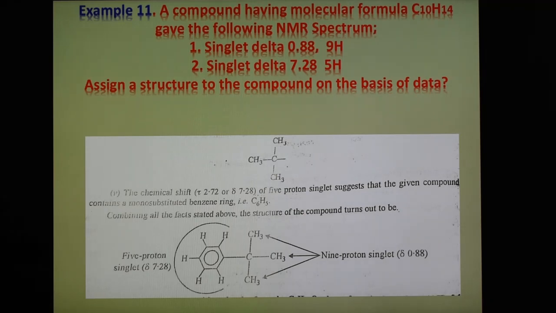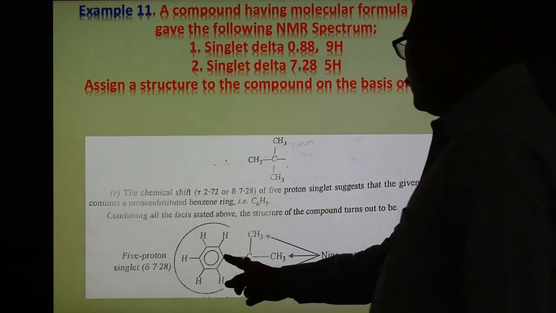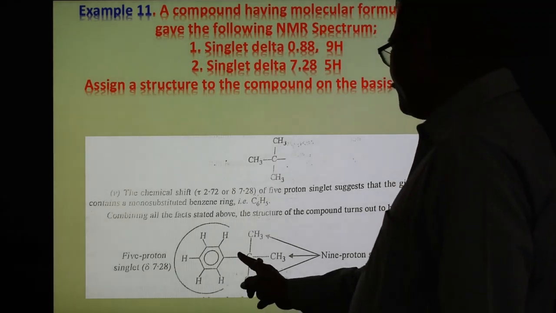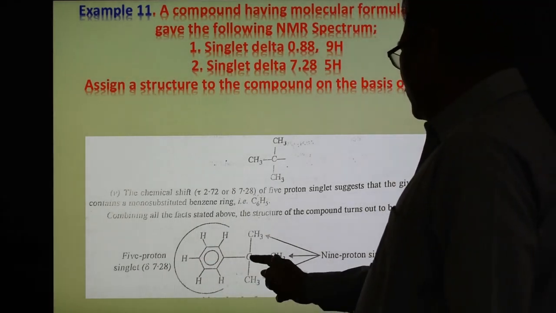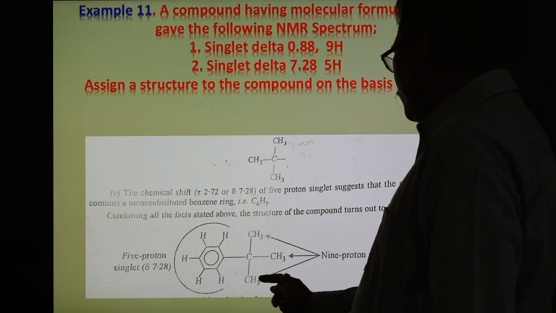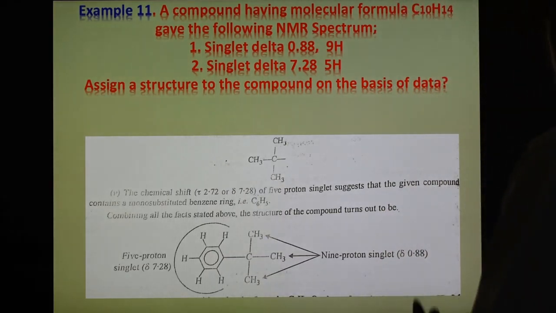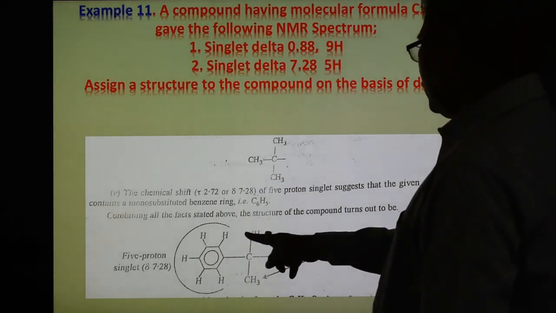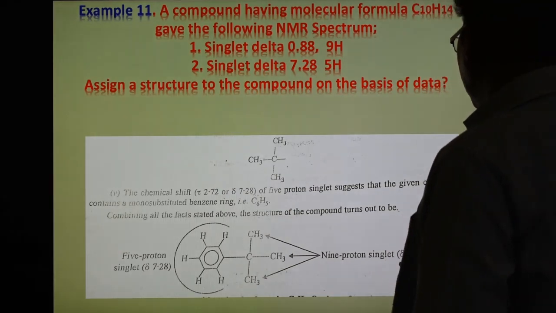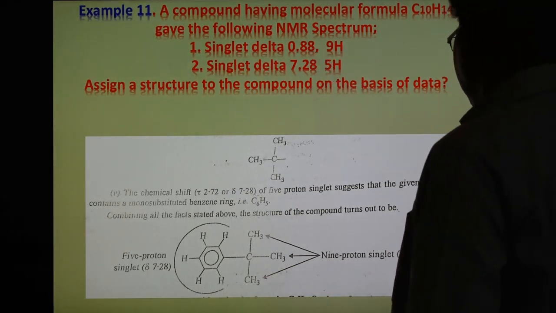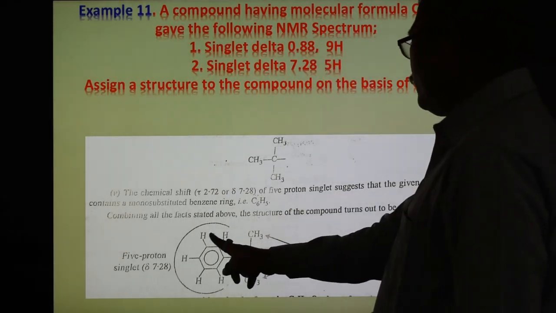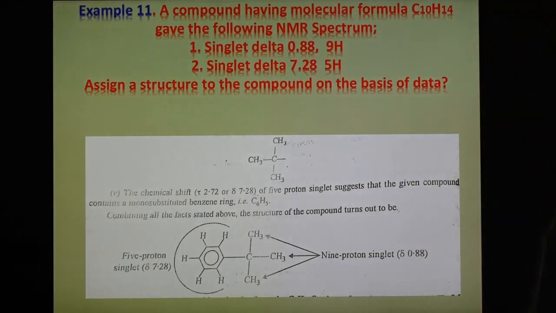Combining all the facts, we can draw the structure of this compound, shown here. The benzene ring is monosubstituted, with 5 H protons, and these are the 9 protons of the tertiary butyl group attached to it. The 9 proton singlet is at 0.88 delta, and the 5H, 1, 2, 3, 4, 5 of the benzene ring, is a singlet at 7.28 delta.